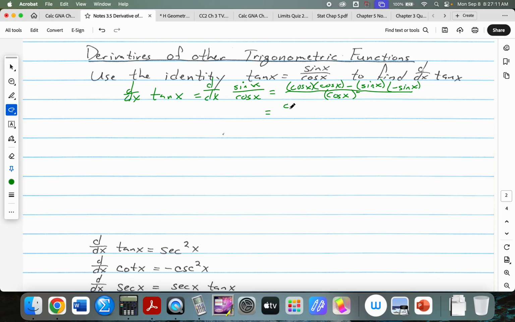In the numerator, we're going to have cosine squared of x plus sine squared x, and that'll all be over cosine squared x. So that's 1 over cosine squared x. And since 1 over cosine is secant, this is secant squared of x. So the derivative with respect to x of tangent of x is secant squared of x.